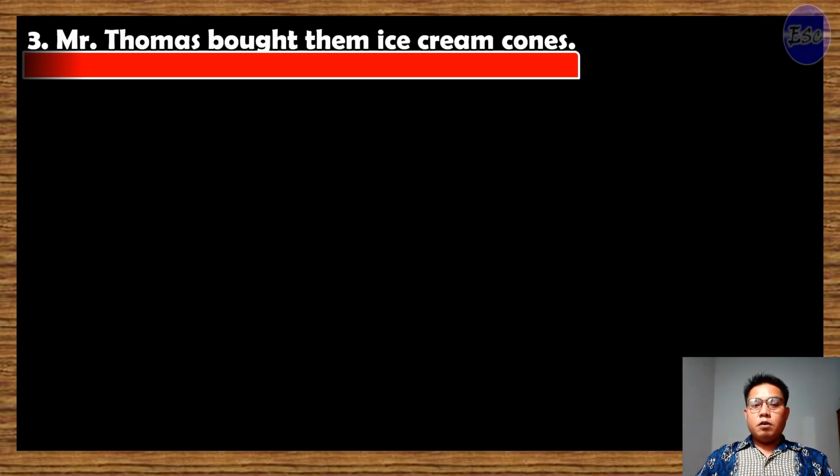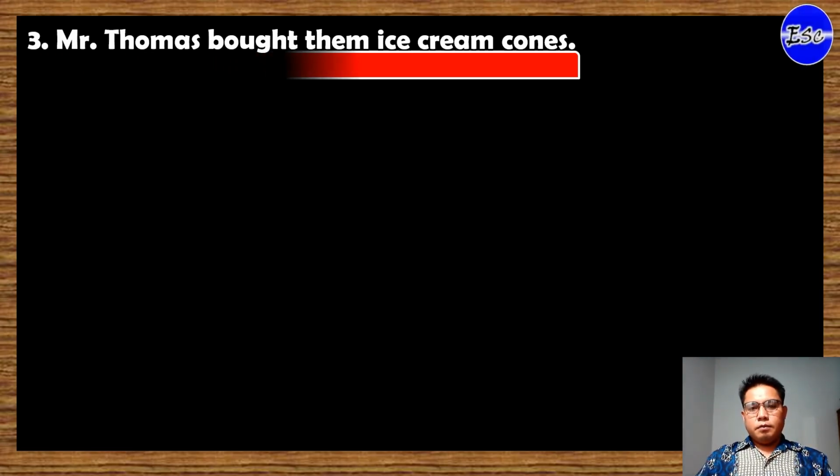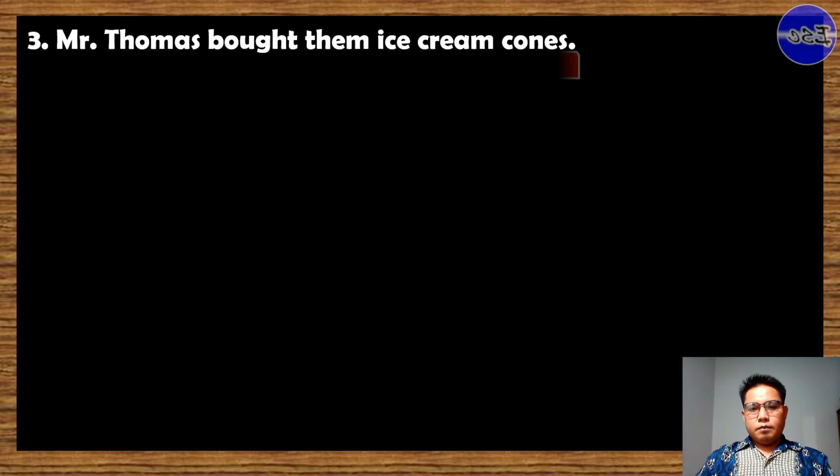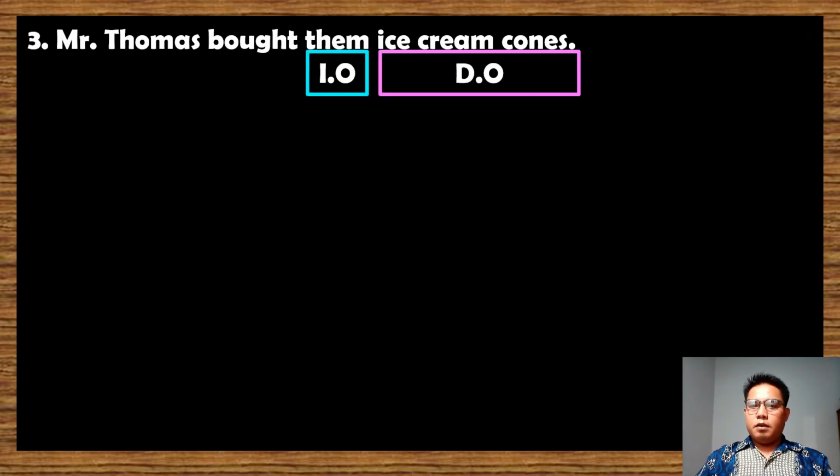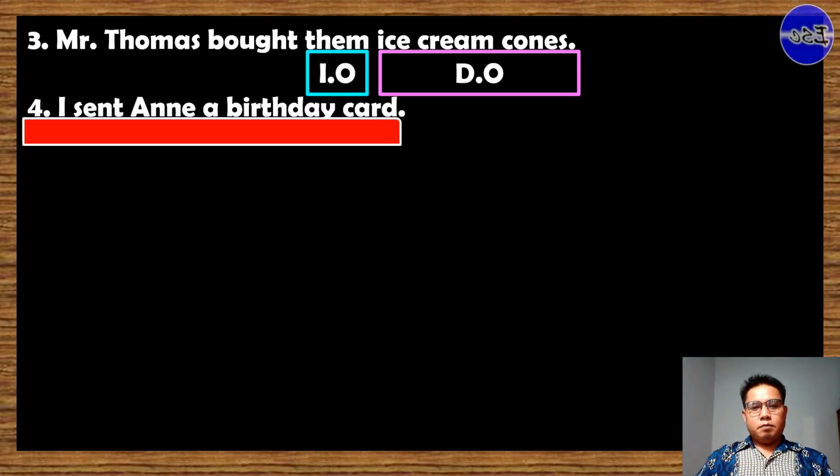3. Mr. Thomas bought the children ice cream cones. Perfect. The direct object is ice cream cones and the indirect object is the children. 4. I sent Anna a birthday card.